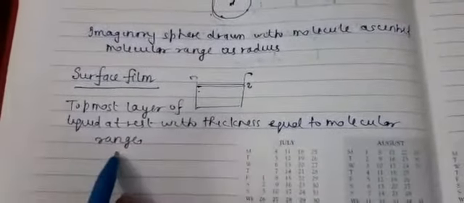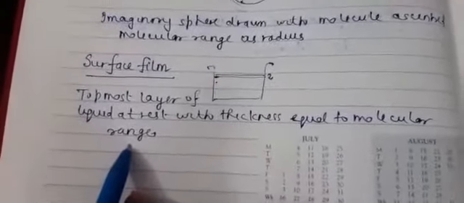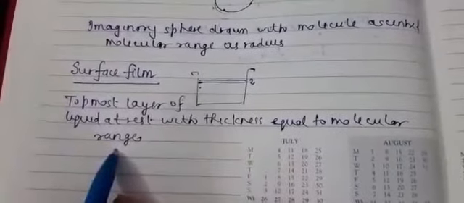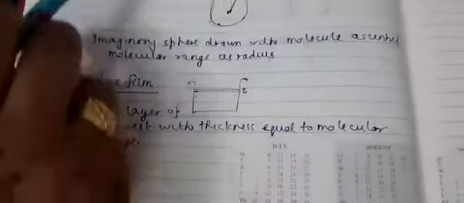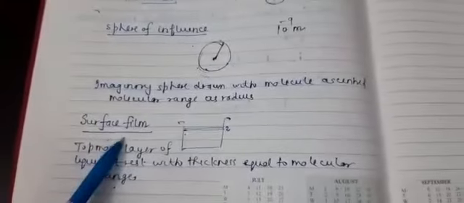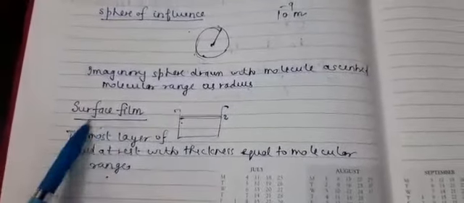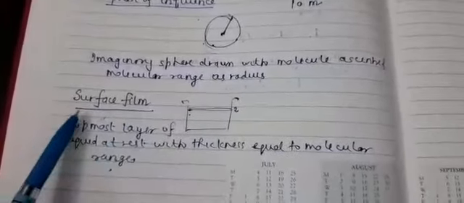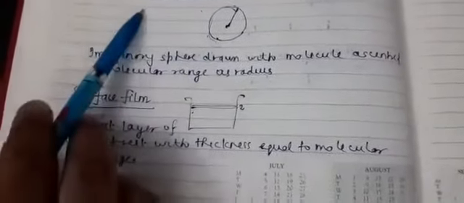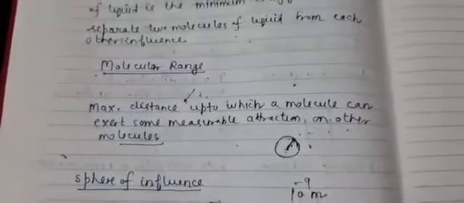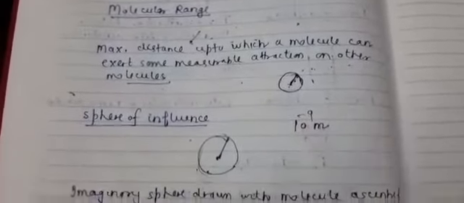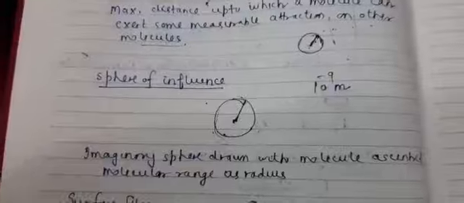So these are few definitions you must be knowing, you must learn it, and on this basis we can explain another important concept, that is surface tension, where we can use these 3-4 terms which I have explained as an explanation part of it. So directly when I will use the term surface film, sphere of influence, molecular range, then you must be knowing these terms. Now coming to the concept of surface tension.